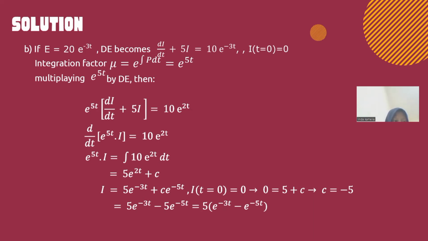And then multiplying e power 5t by the equation, we get e power 5t times dI over dt plus 5I equals 10 e power 2t. And then we get I equals 5 times e power negative 3t minus e power negative 5t.